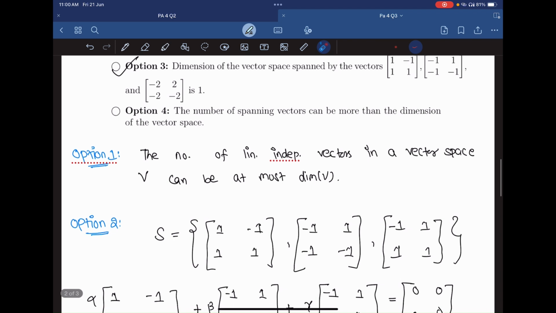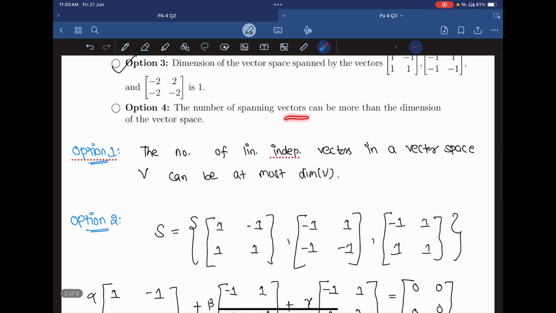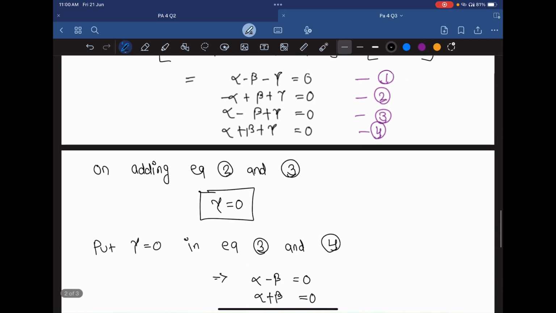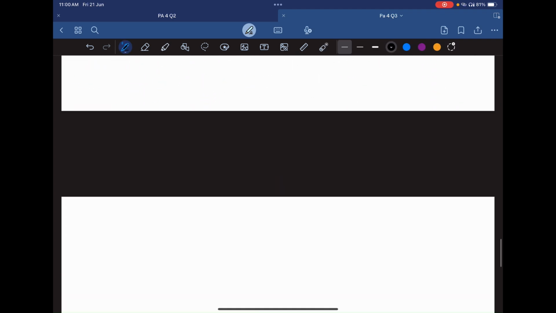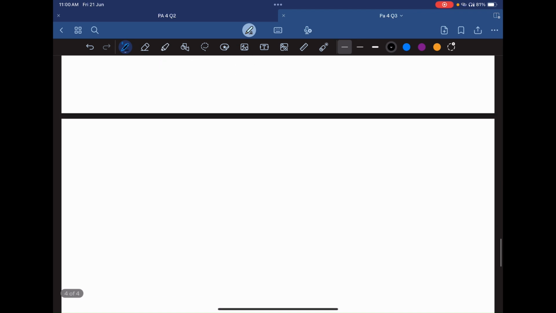Now option 4: the number of spanning vectors can be more than the dimension of vector space. This also comes from the definition or properties of a spanning set.